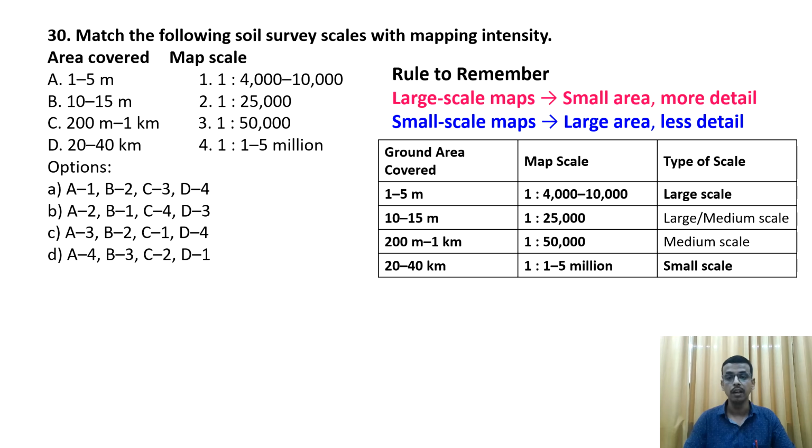That is medium scale. And for the 1:5 million map scale, we are seeing this as large, but this is actually small scale. So remember, in this way, a large scale map means smaller area and more detail. You see, 1:5 meter means a very detailed study is required. So the scale is 1:4,000. The number is less, but it is large scale, where detailed information can be studied. So the answer is again side by side.